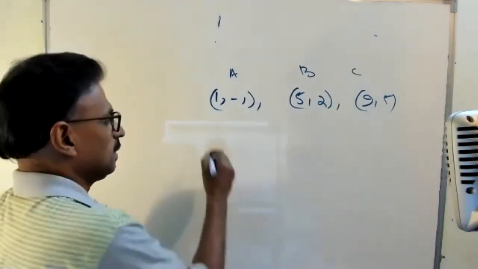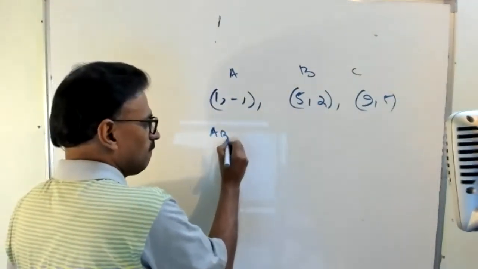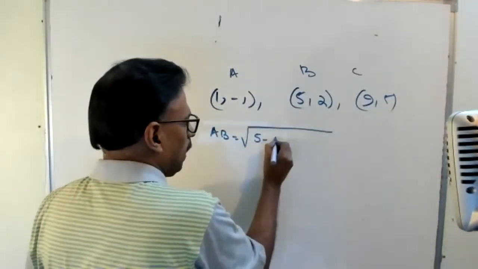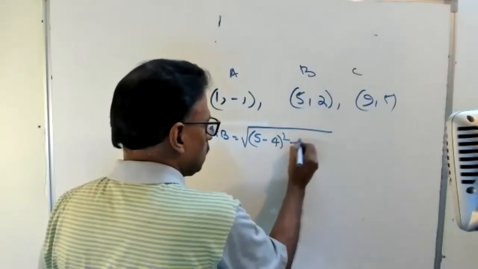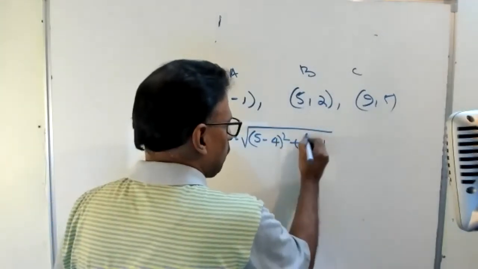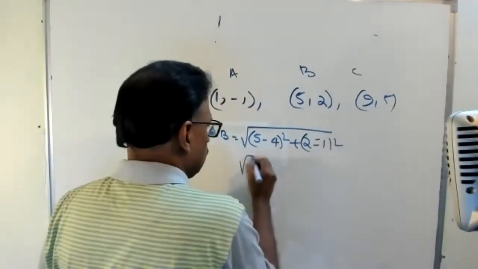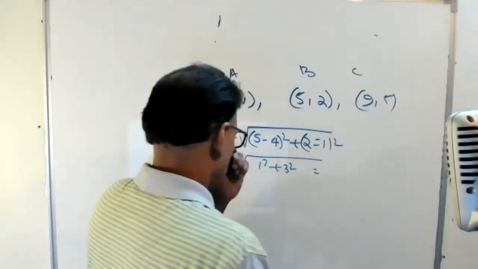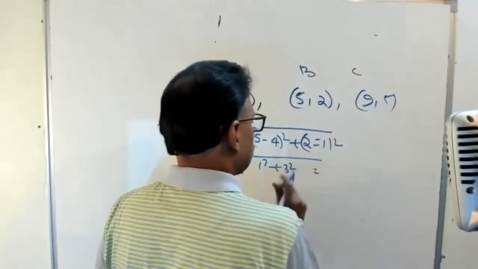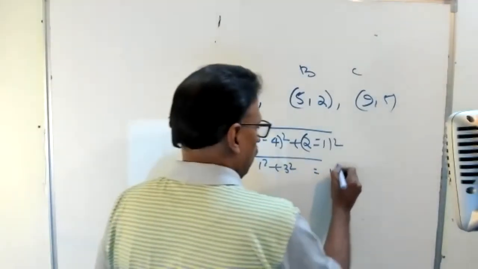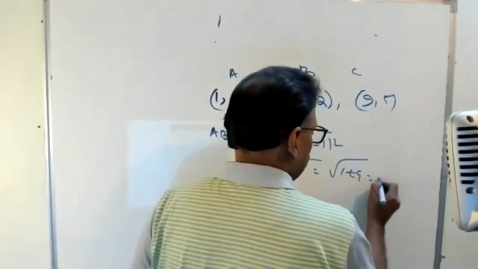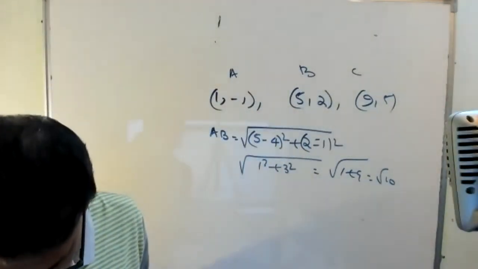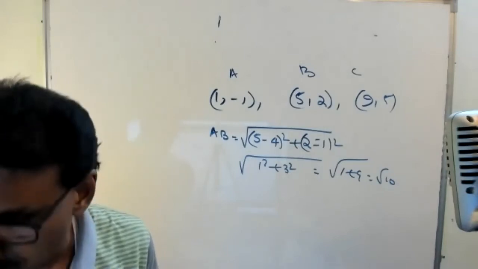Look at here, let me check. AB equals root of (5 minus 4) whole square plus (2 minus 1) whole square, that is 1 square plus 3 square, 1 plus 9, equal to root of 10. Is it root of 10?